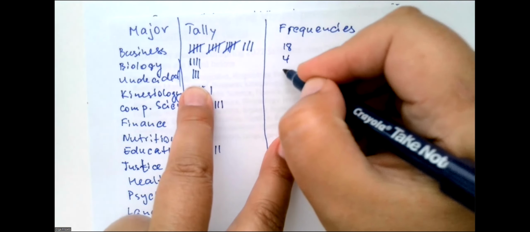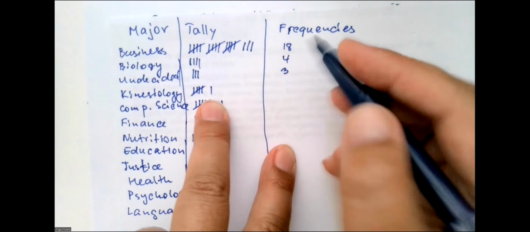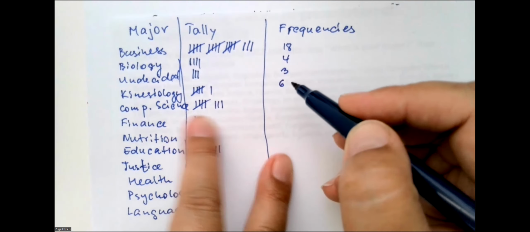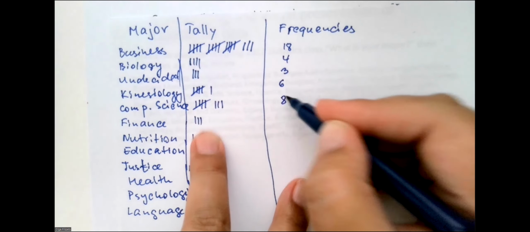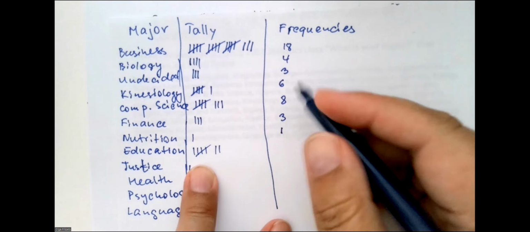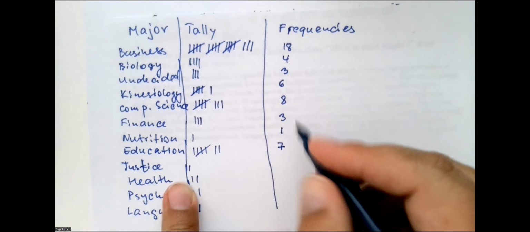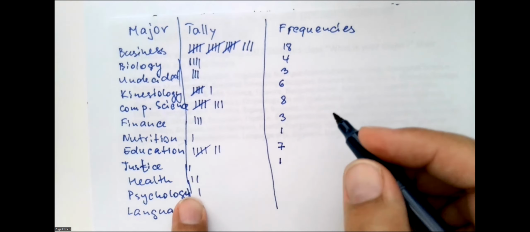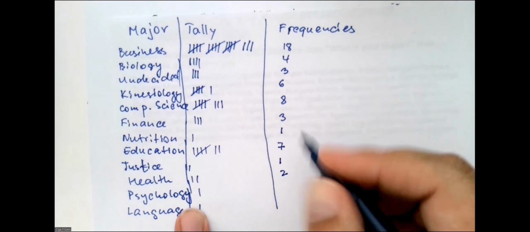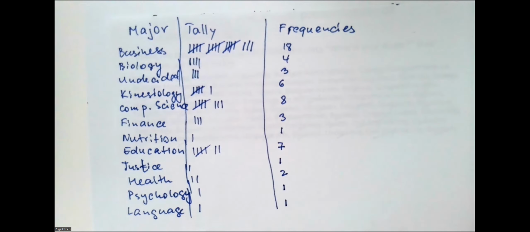For undecided, 3 were undecided. Kinesiology, I have 6. Computer science, 8. Finance, 3. Nutrition, 1. Education, we have 7. Criminal justice, 1. Health, 2. Psychology, 1. And language arts, 1.